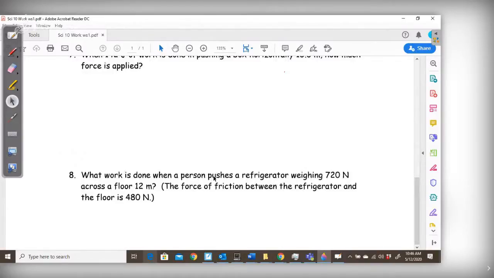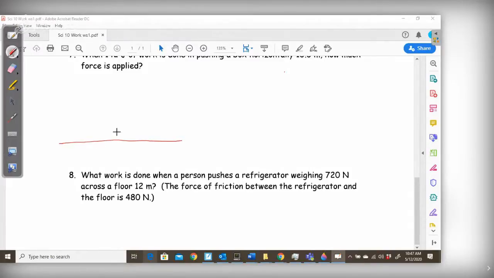What work is done when a person pushes a refrigerator weighing 720 newtons across a 12-meter floor? The force of friction between the refrigerator and the floor is 480 newtons. I'm going to draw my picture up here.